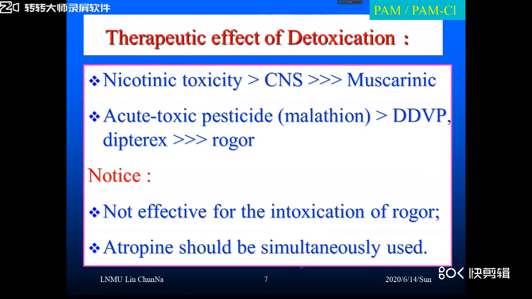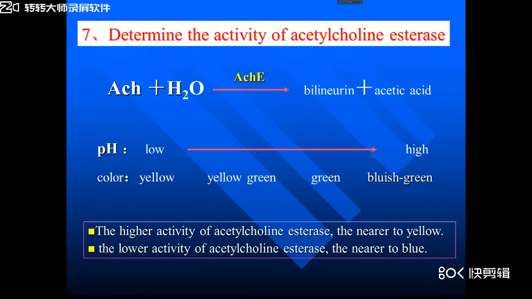Okay. So we take the blood 3 times. The first time before we give organophosphates, the second time after we give organophosphates, and the third time means after we save the life.